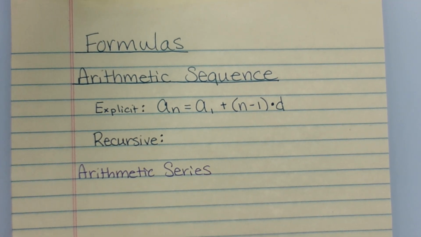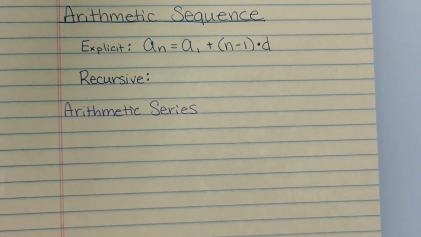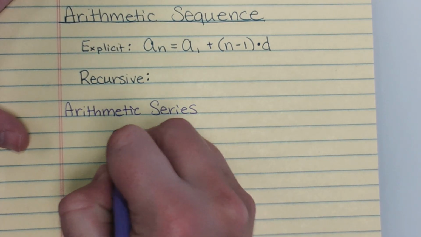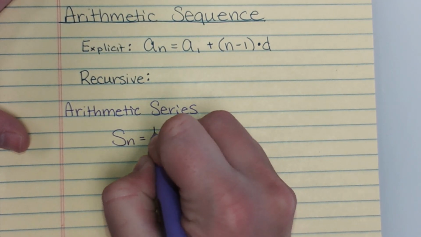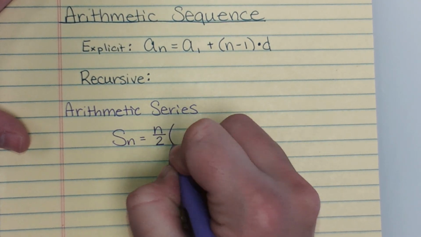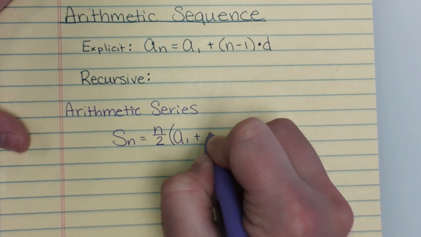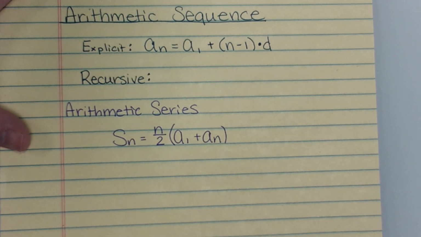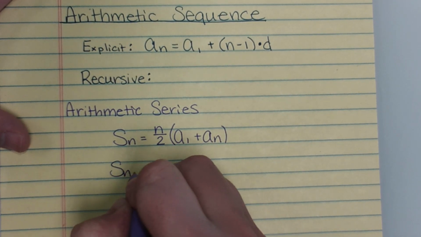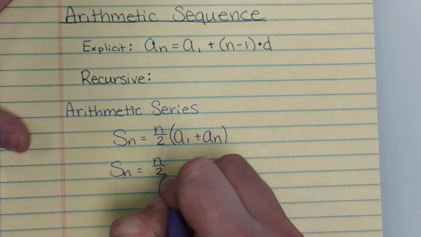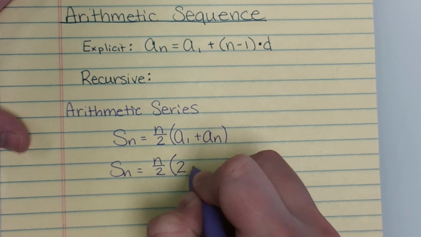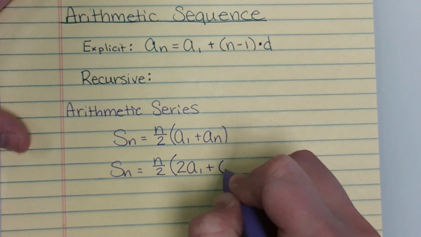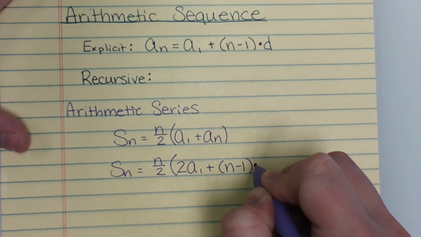We also have a couple of arithmetic series formulas that we've talked about. S sub n equals n over 2, in parentheses a sub 1 plus a sub n, and S sub n equals n over 2, 2a sub 1 plus n minus 1 times d.